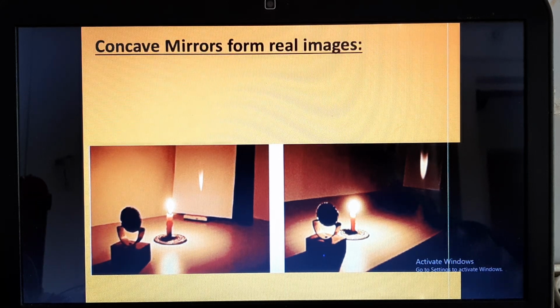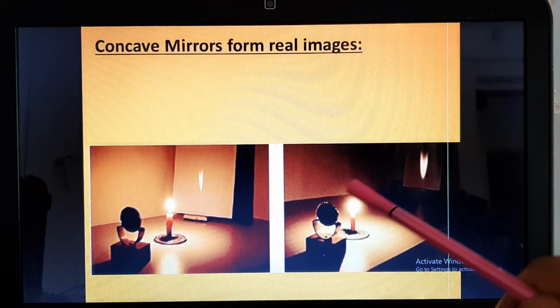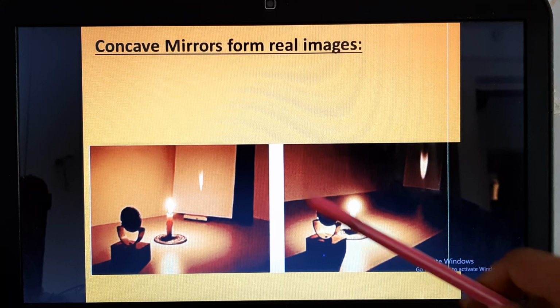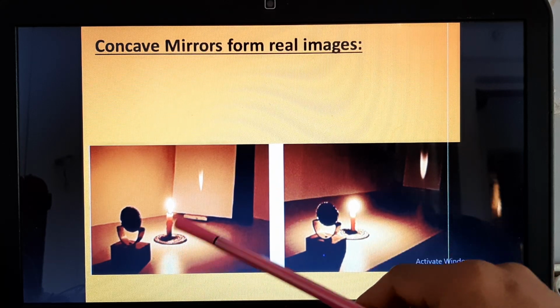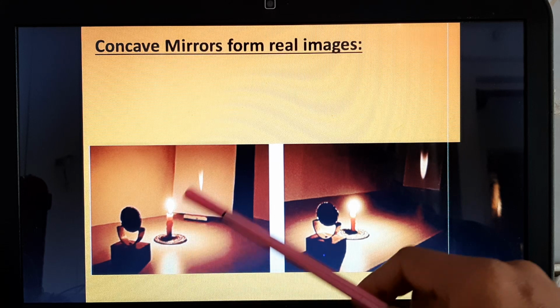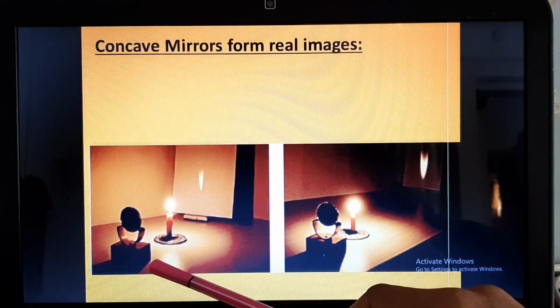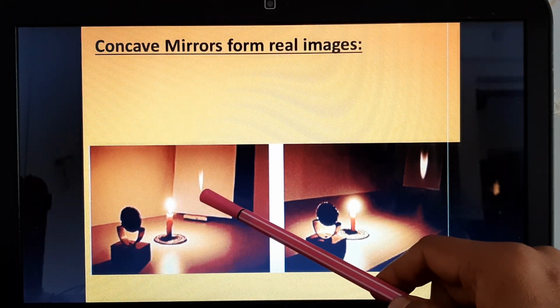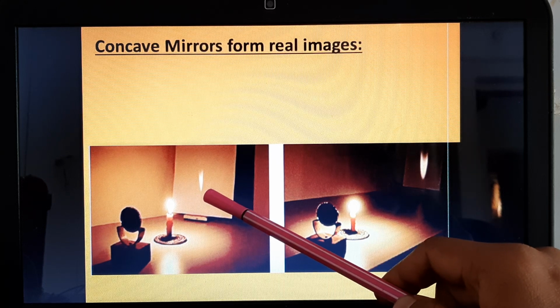So here you can see concave mirror, how they can form real images. Here you can see this is concave mirror, this is the object. Now here object is somewhere midway between the screen and the mirror. The image is formed but it is inverted.